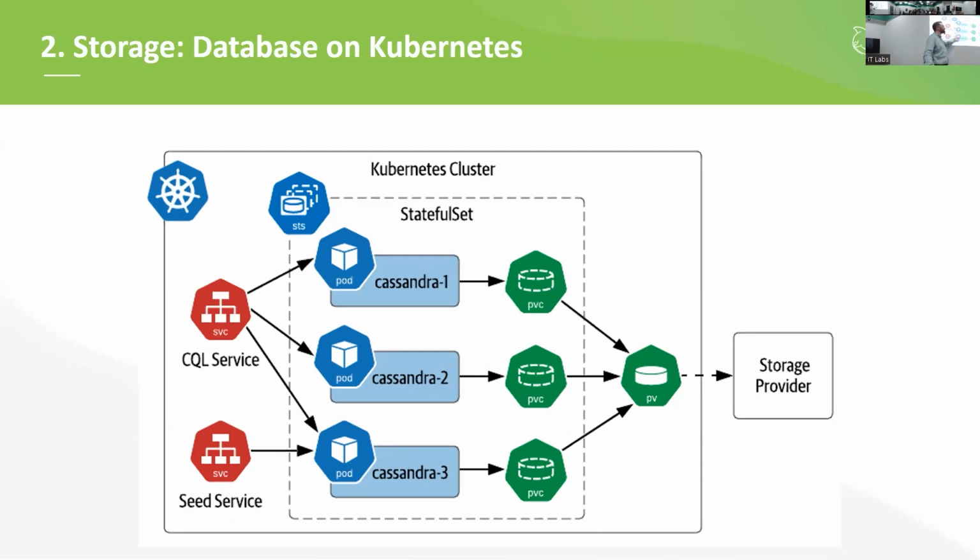Here we have 3 instances of Cassandra, all of them in the same StatefulSet, STS. We have a service accessing them and doing round robin load balancing. We have persistent volume claims for each database, and then a persistent volume which communicates outside of the cluster with Azure storage or S3 or whatever we are saving the data in.